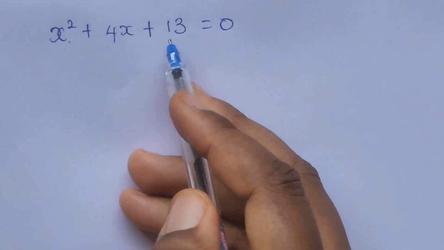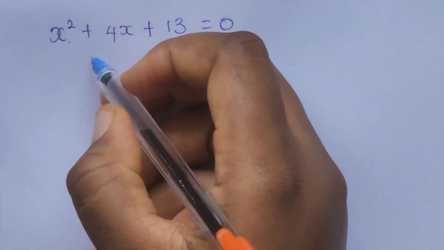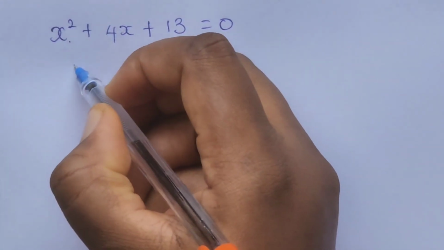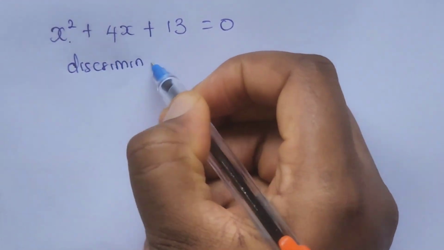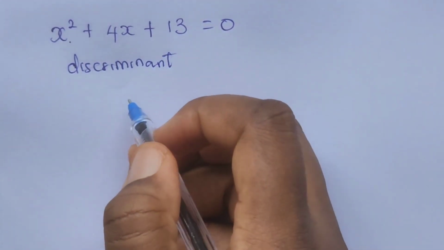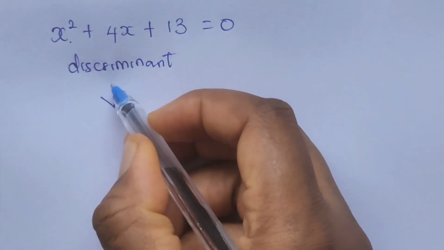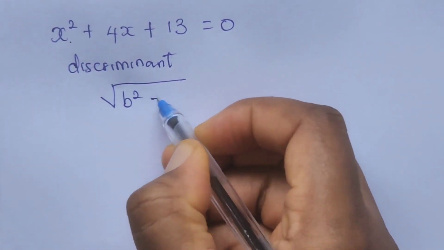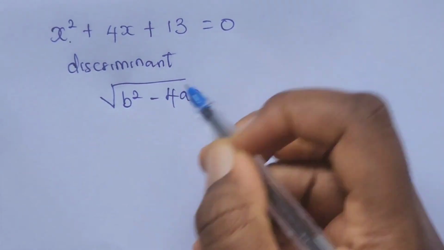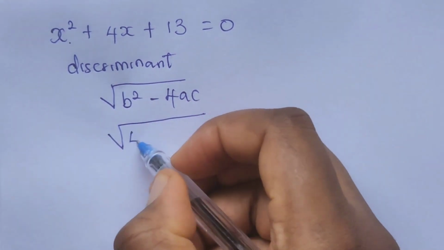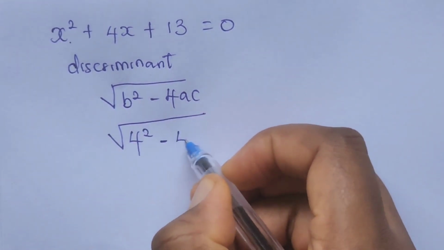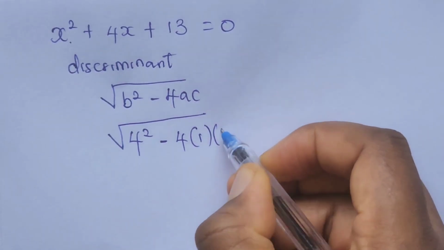So for us to resolve this, let's check for our discriminant. We have b squared minus 4ac. So our b is 4 to the power of 2 minus 4 times 1 times 13.